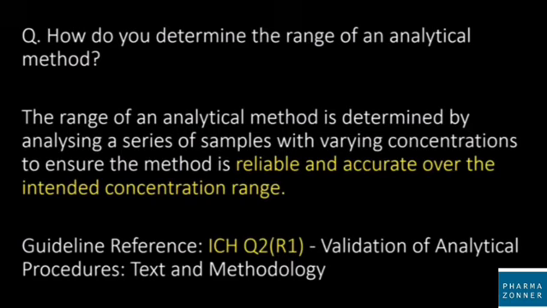This one is very frequently asked question. How do you determine the range of analytical method? Answer is the range of an analytical method is determined by analyzing a series of samples with varying concentrations to ensure that the method is reliable and accurate over the intended concentration range. Guideline reference ICH Q2.